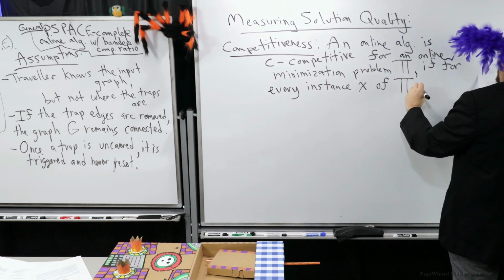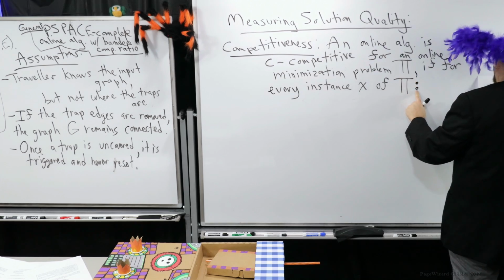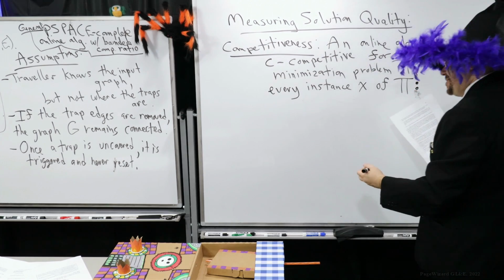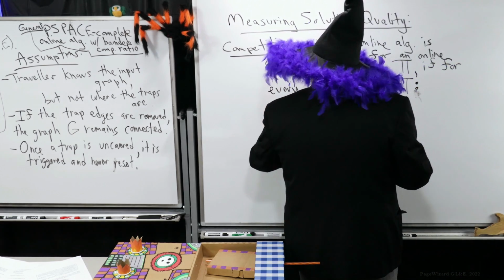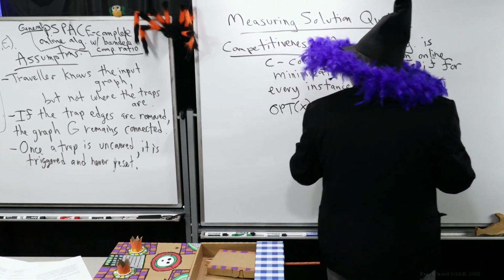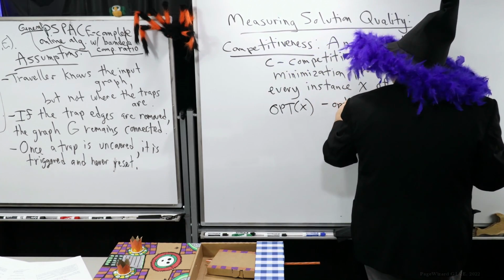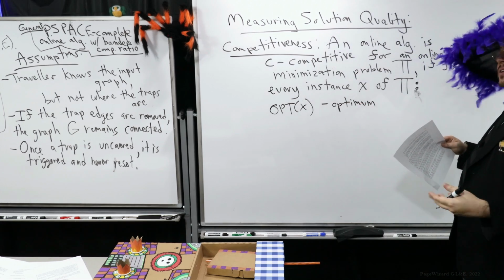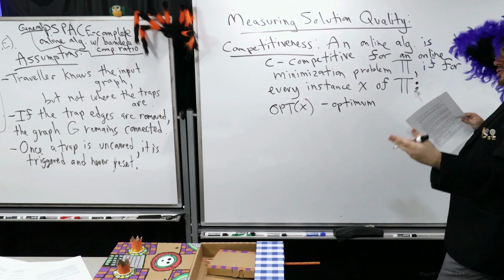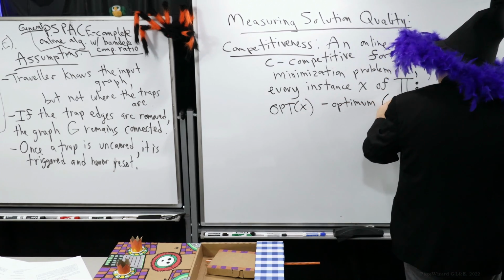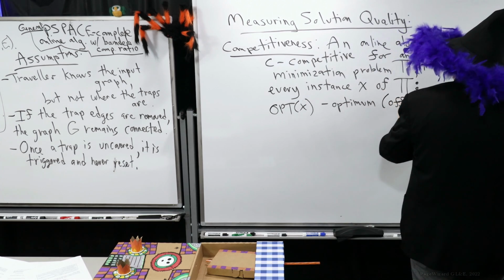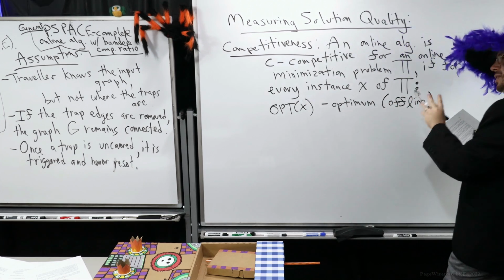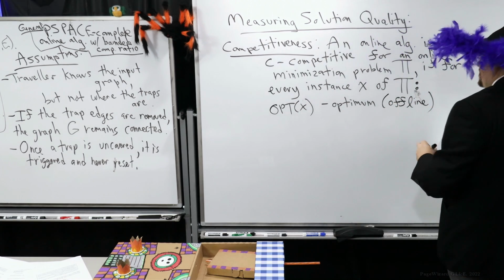And I must stress there's a couple of things I want to point out, just as a matter of notation for this definition. We're going to define what's called opt of x. This is the optimum. So this is like the length of the shortest ST path if you knew where all the trap edges are. So this is what we call offline, meaning that you know all of the input in advance.